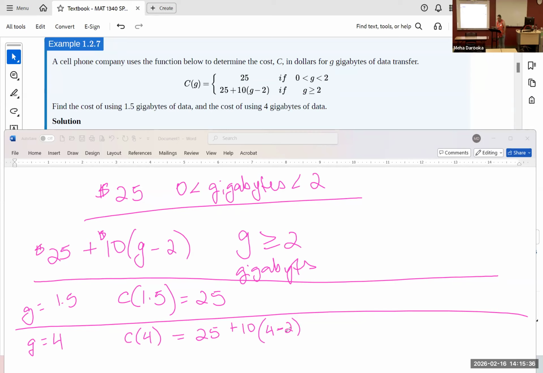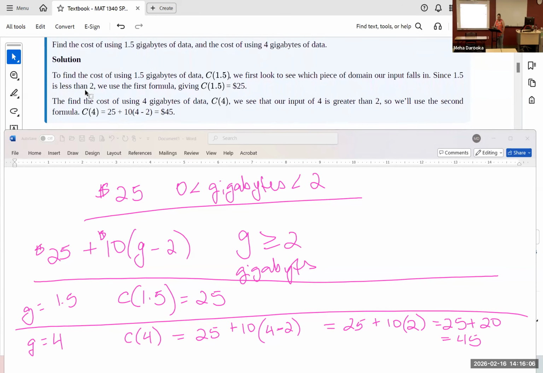So remember, for the first 2 gigabytes you use, you're already paying that $25. So that's why we are subtracting 2 from 4. And of course, 4 minus 2 is 2, which means you are paying $10 for each of those additional 2 gigabytes you used, which will of course be 20, plus 25, which means we end up paying a total of $45 for 4 gigabytes of data transfer.